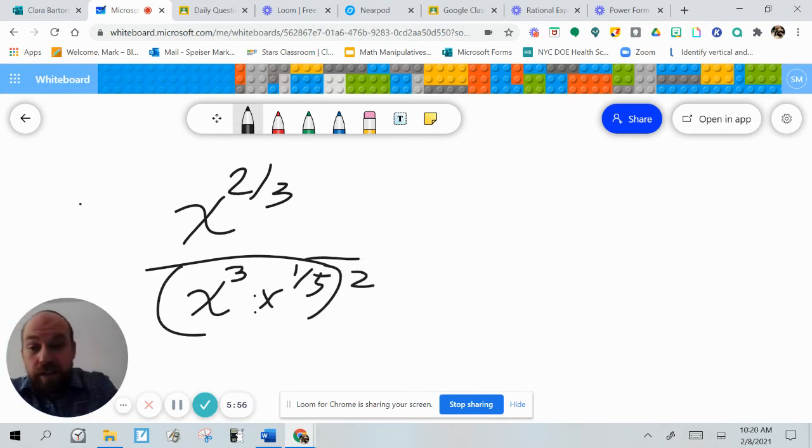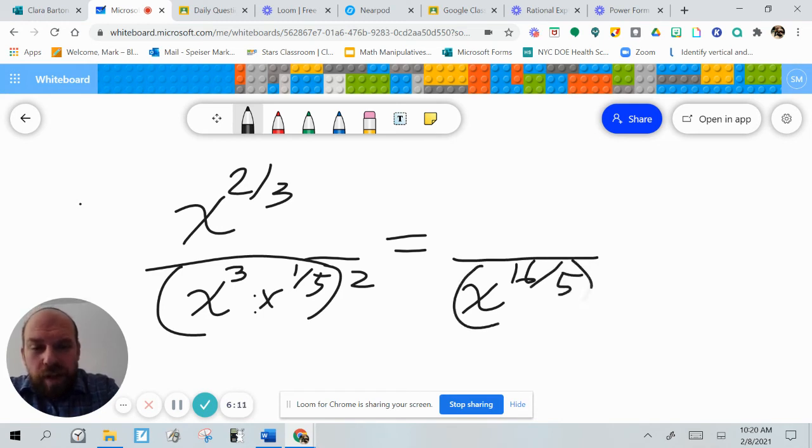So you first simplify the denominator, x to the 3 and 1/5, or x to the 16/5. And then you square that. That's x to the 32 over 5.